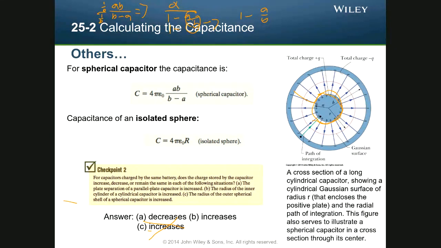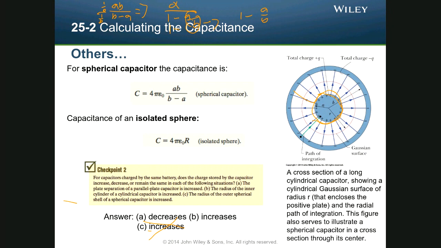Right. It says if B is growing. Yeah, that's how I'm reading it, unless I'm missing a word. Always a possibility. That's what I try to get you guys to watch out for. But it says the radius of the outer spherical shell, which in this case is B, is increased.